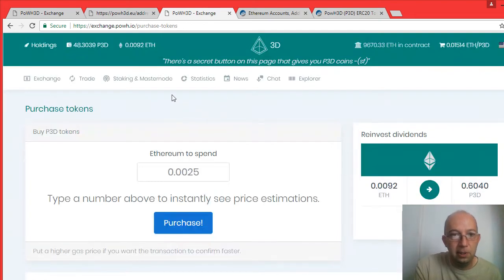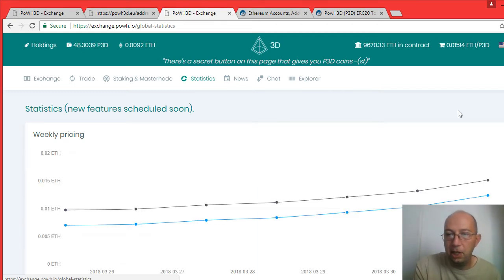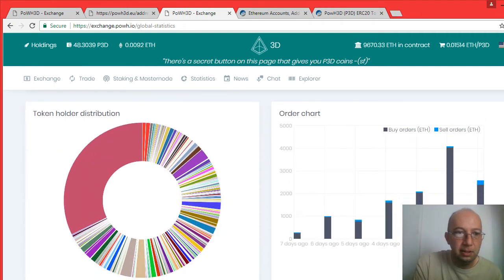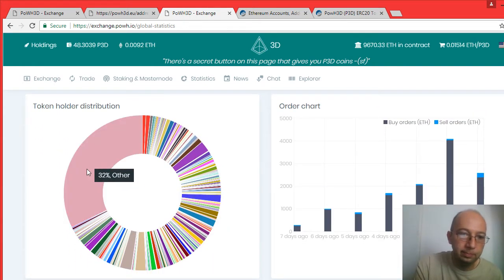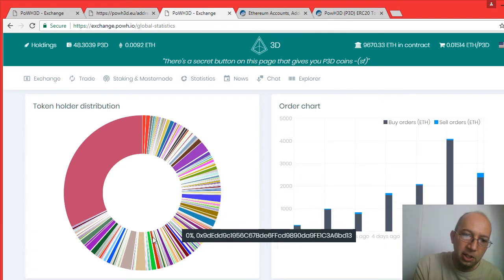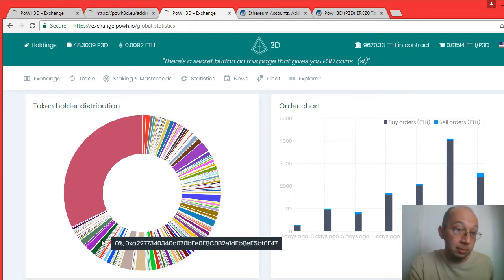And if we go back over here to the P3D coin site, or any of the sites that interact with this chain, we can see a token distribution chart. Each one of these pieces of the pie represents someone that's holding a big amount of coin.